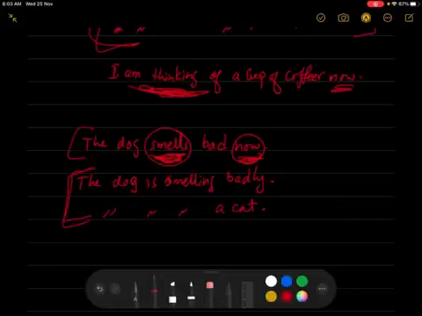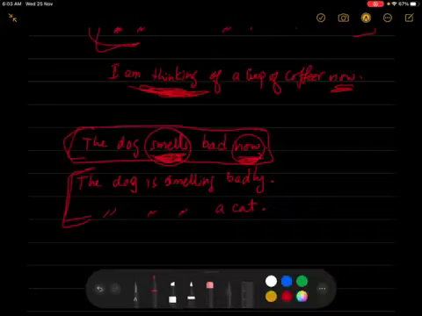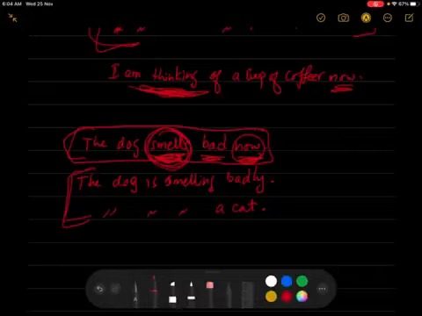In those examples, that is an action verb, the process of smelling. But in the first sentence, the dog smells bad now, we have smells here. It's a state verb because it's followed by an adjective, and it doesn't take the present continuous format. Okay.